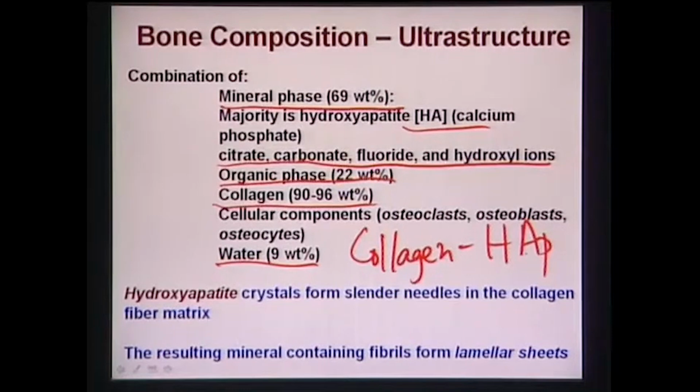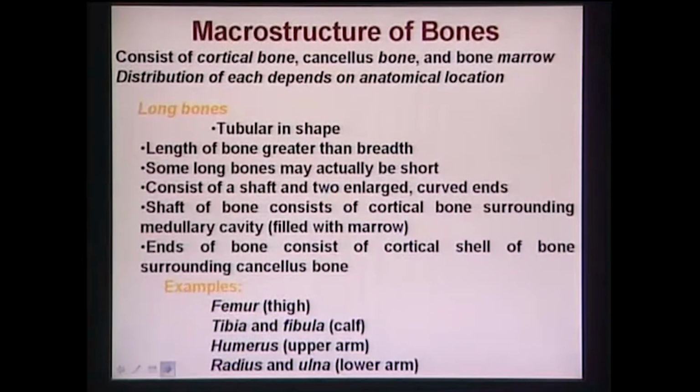In other words, you can describe bone as a unique example of a polymer ceramic composite. Hydroxyapatite crystals form slender needles in the collagen fiber matrix, and the resulting mineral containing fibrils form lamellar sheets.